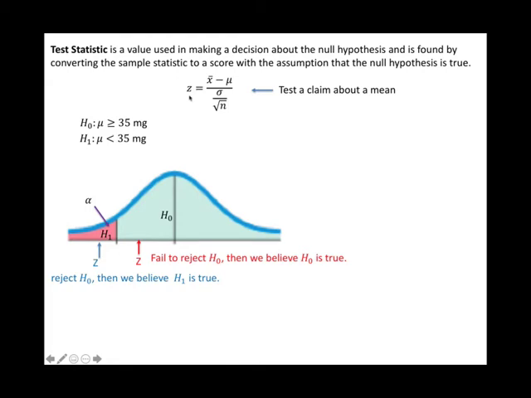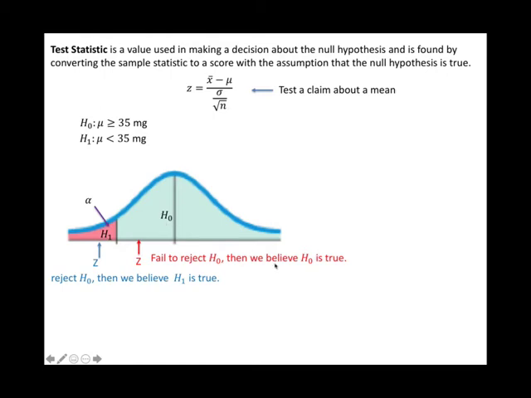If it is located in the alternate hypothesis, we say reject, and we believe the alternate hypothesis is true. But if the test statistic is located in here, it means fail to reject. We don't have sufficient evidence to say this is wrong, so we believe that this is true.